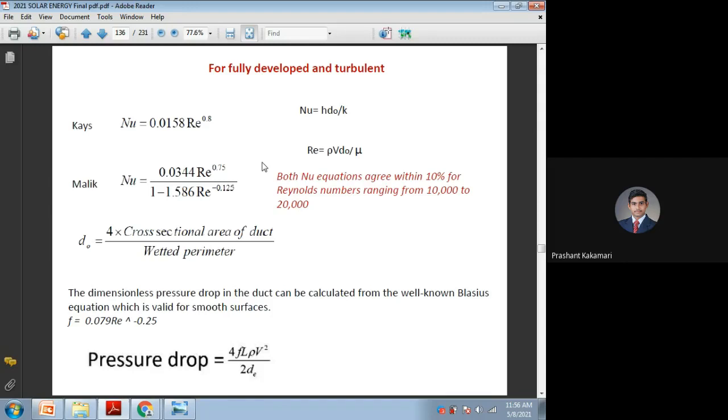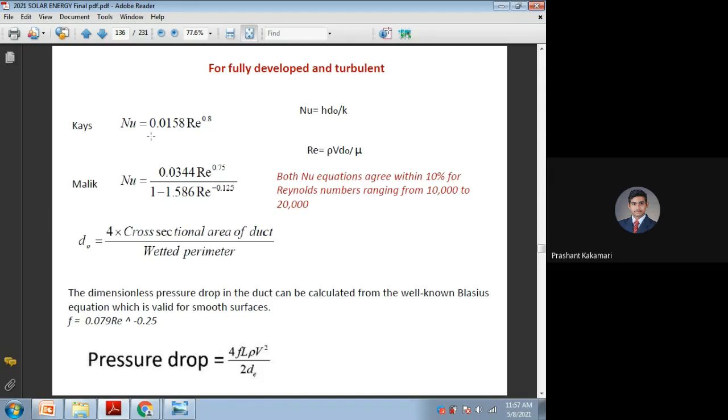In that case, if the flow is completely turbulent, we have two equations, especially for solar air heaters. Kays and Crawford have given the two equations. Both equations will give results within 10% difference. So in any problem you solve, if the results differ within 10%, we can accept them.